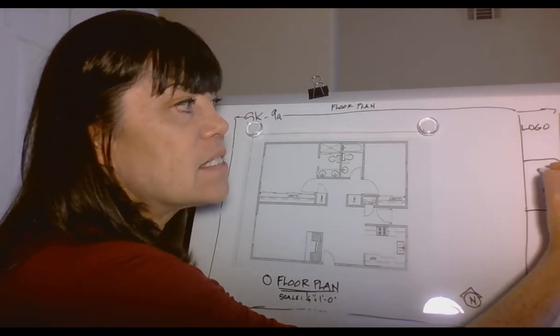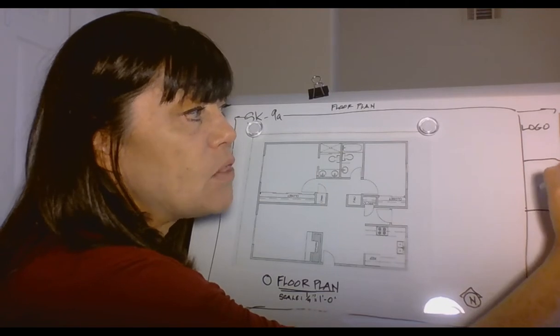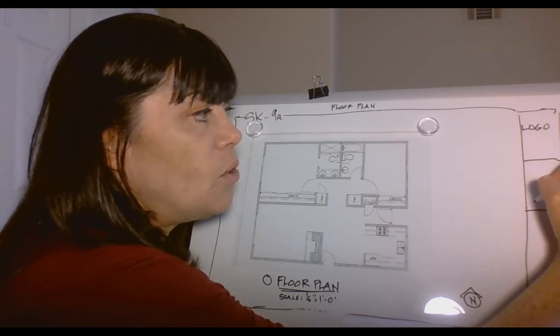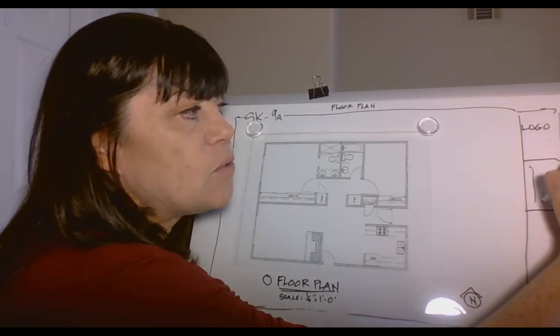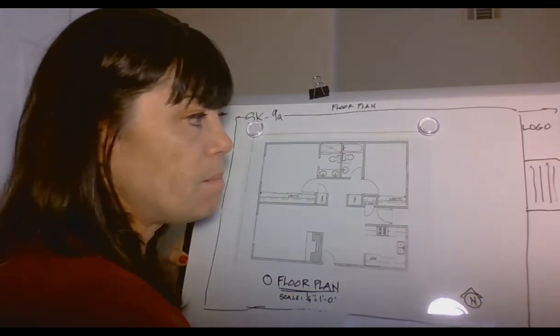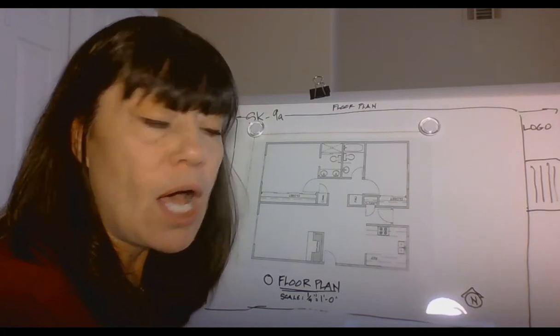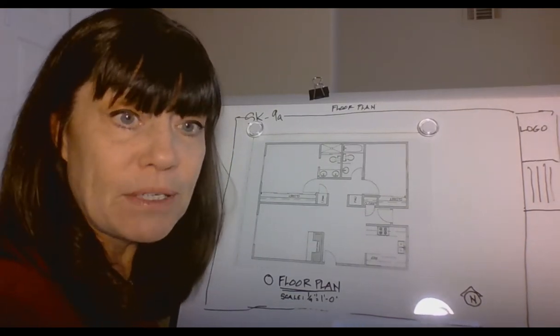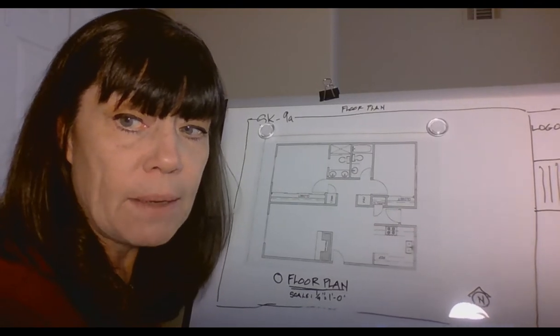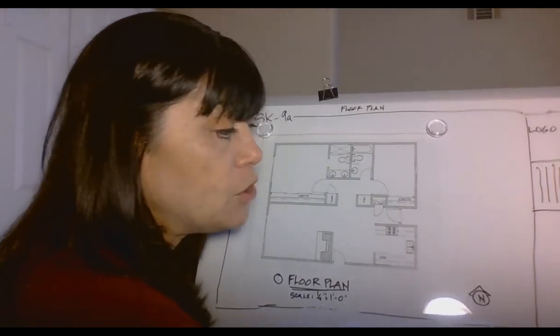And this is the project information. So you're going to put like the Smith Residence, Huntington Beach, California. That's their information. And I have actually attached a title block template for you guys to follow. And we'll go over all the components of the title block in a minute. But down at the bottom is your page number.